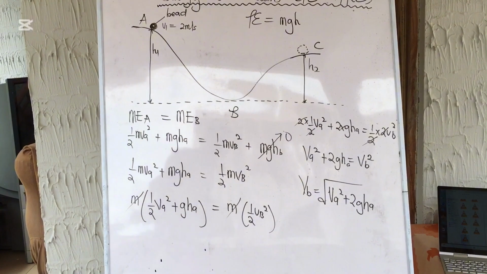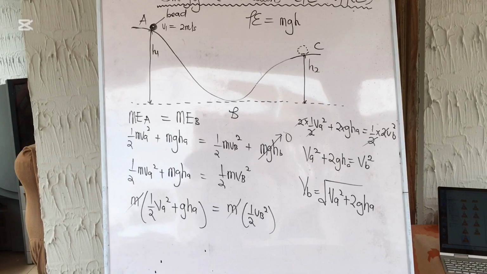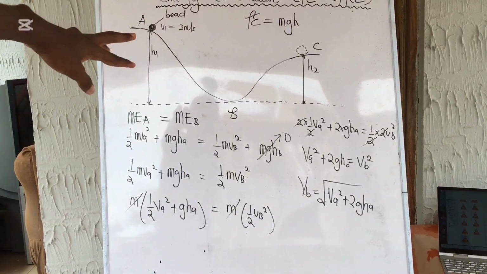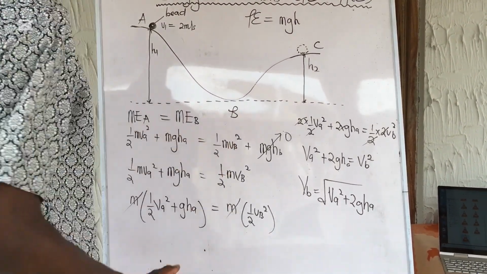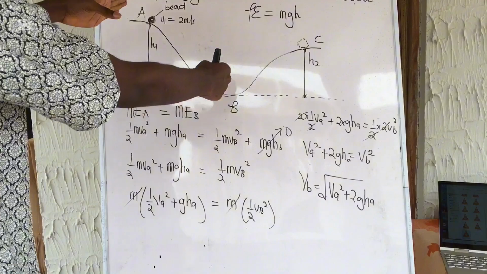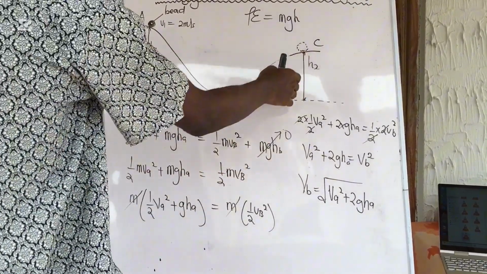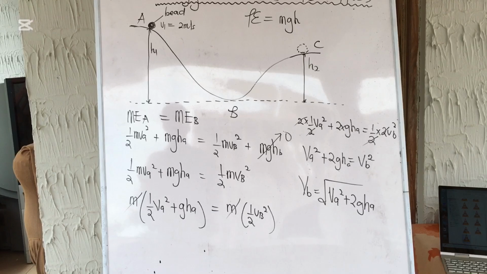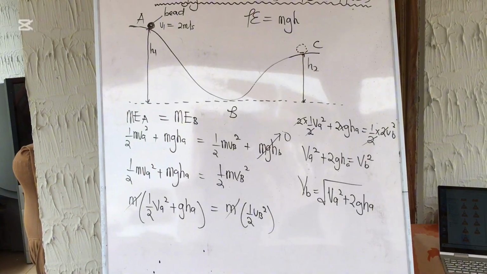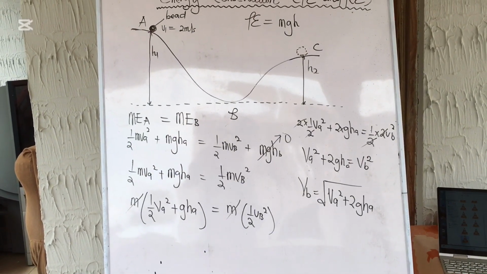So this is the relation between point A and point B, and we can find the speed at point B. If you can find the speed at point B using this relation, then we can also take point B and point C and find the relation, and with that we'll be able to find the speed at point C as well using the same relation.